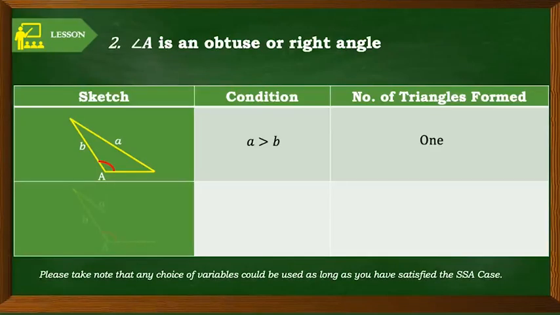However, if angle A is an obtuse angle and its opposite side a is less than an adjacent side b, then there is no triangle formed. Take note that any choice of variables could be used as long as you have satisfied the SSA case. Let's use these conditions to answer our examples.